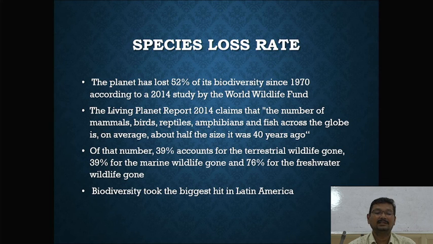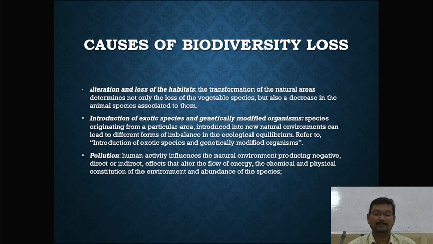Of that, 39% accounts for terrestrial wildlife gone, 39% of the marine wildlife, that means aquatic species are declining, and 76% for the freshwater wildlife gone. Biodiversity took the biggest hit in Latin America.